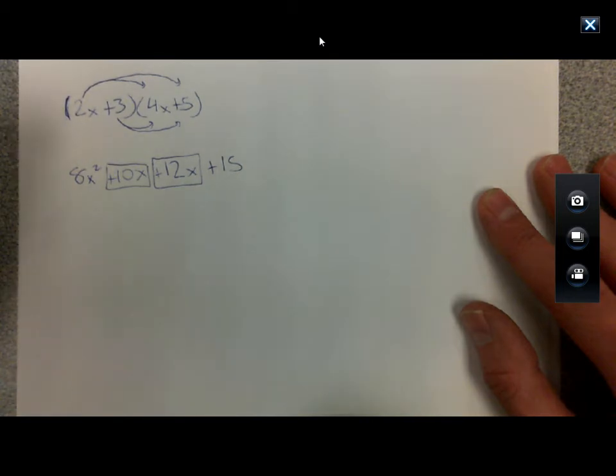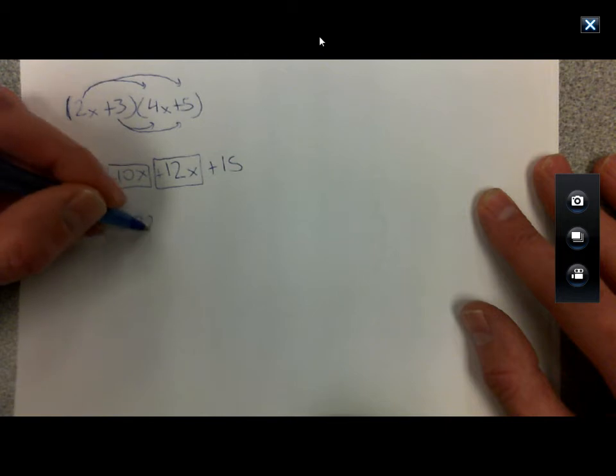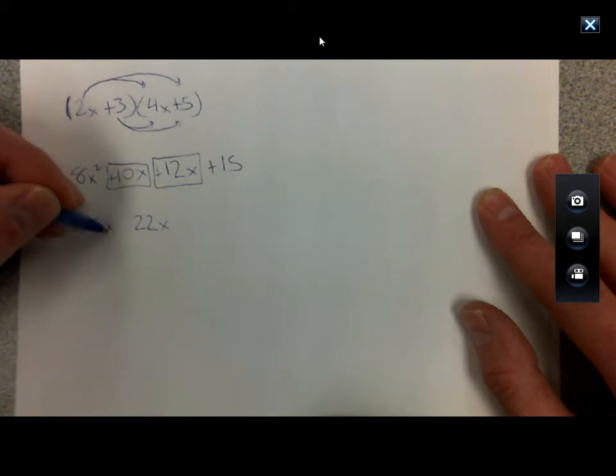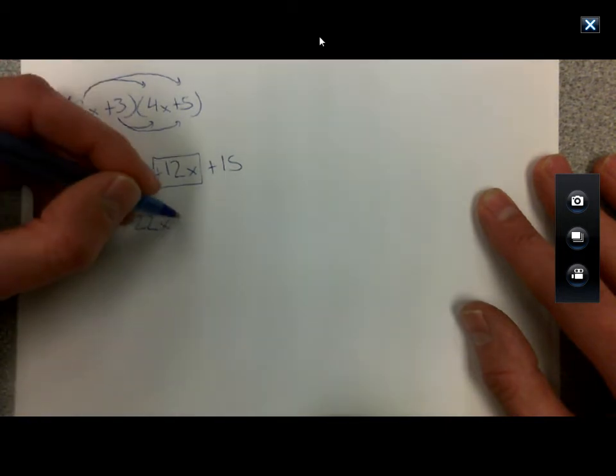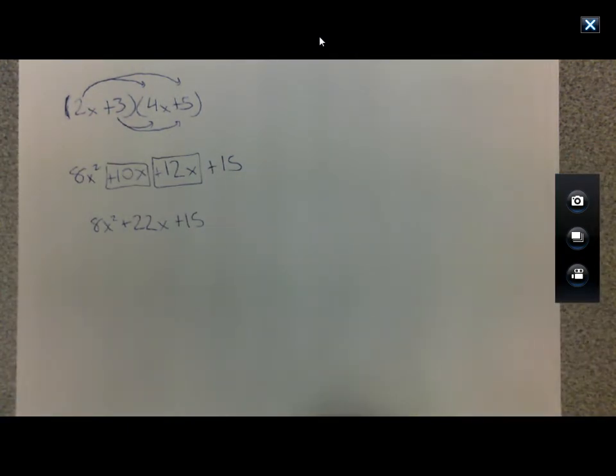So I know if anything's negative, it's not. So I'd have 10x plus 12x is going to give me 22x. So I'd have 8x squared plus 22x plus 15. And that's how we can distribute and multiply two polynomials together.